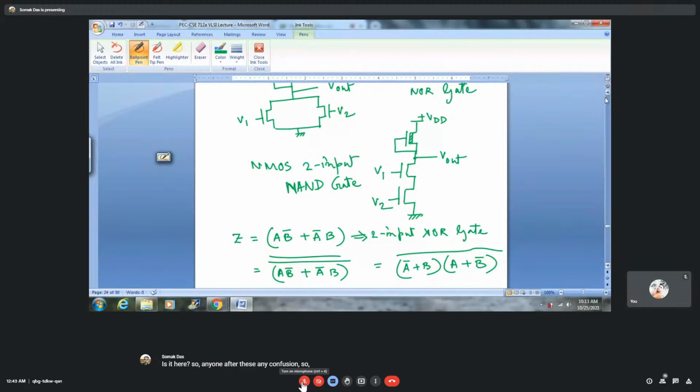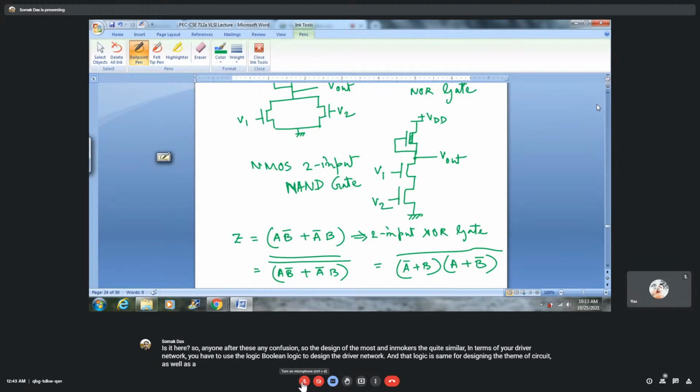So the design of PMOS and NMOS circuits are quite similar. In terms of your driver network, you have to use the Boolean logic to design the driver network, and that logic is the same for designing the PMOS circuit as well as the NMOS circuit. Now the differences are, for PMOS circuits you use only PMOS transistors, for NMOS circuits you use only NMOS transistors, and the load transistor is the major difference between these two circuits.